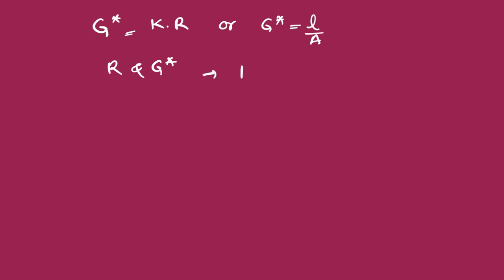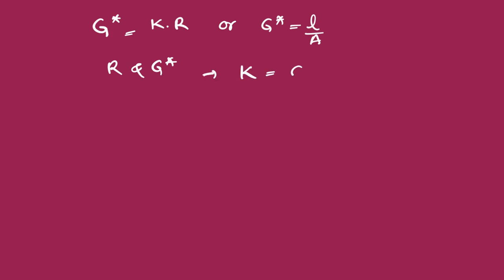So G star we can calculate by using the formula K into R. Otherwise, if length and area are known, we can calculate the cell constant value. Therefore, after knowing the resistance and cell constant, now we can calculate conductivity.